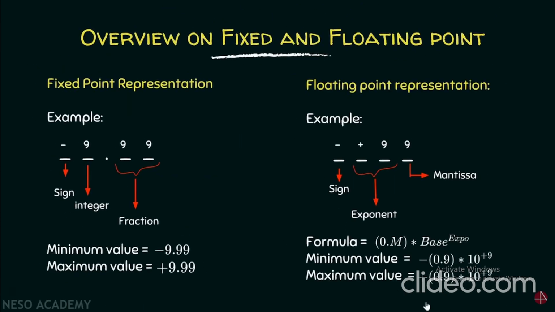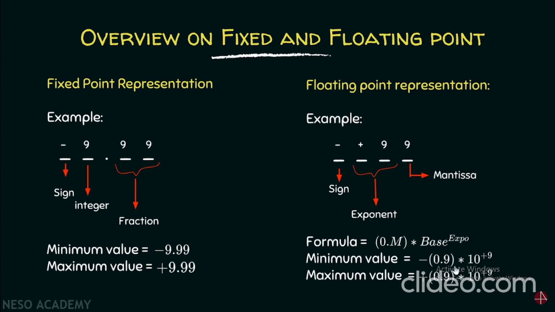Here you can shift the decimal point, thus allowing more numbers to be represented easily. That is why it is called floating point, because the decimal point is not fixed. For example, instead of 0.9, if you want to represent 9.0, you would be able to do that by reducing the exponent by 1 and making it plus 8.